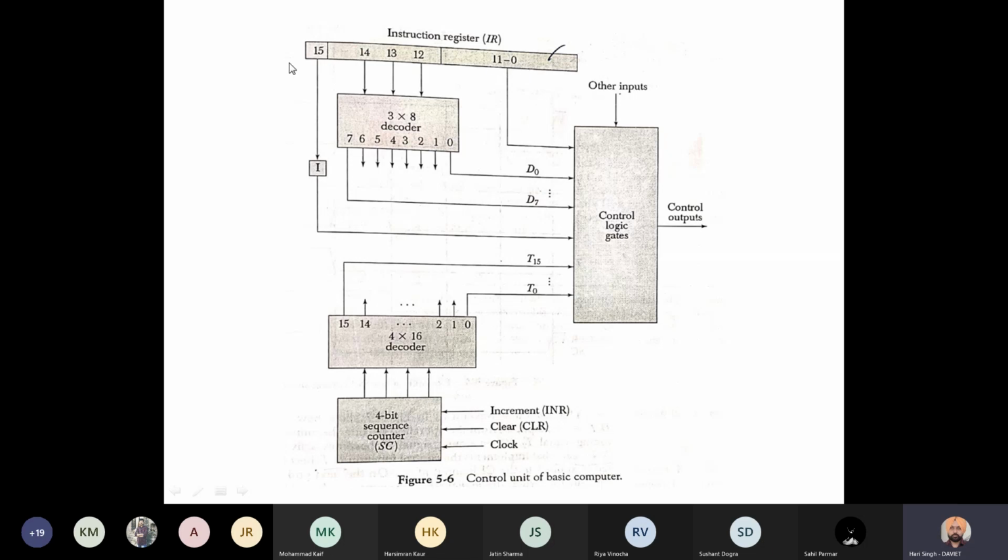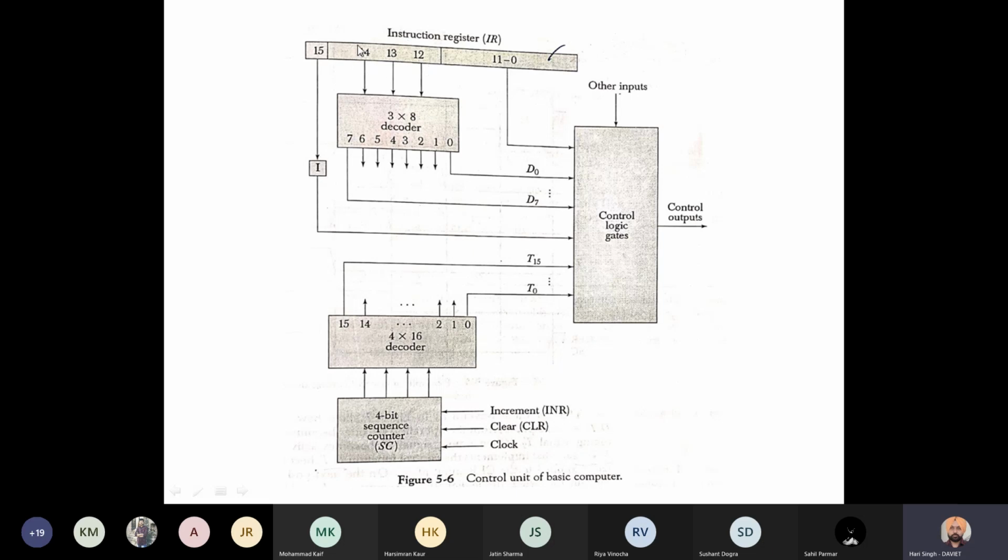It will have the code of the instruction which is to be executed. This code is further divided into parts. One part is bits 0 to 11, that is the first 12 bits, then bits 12, 13 and 14.